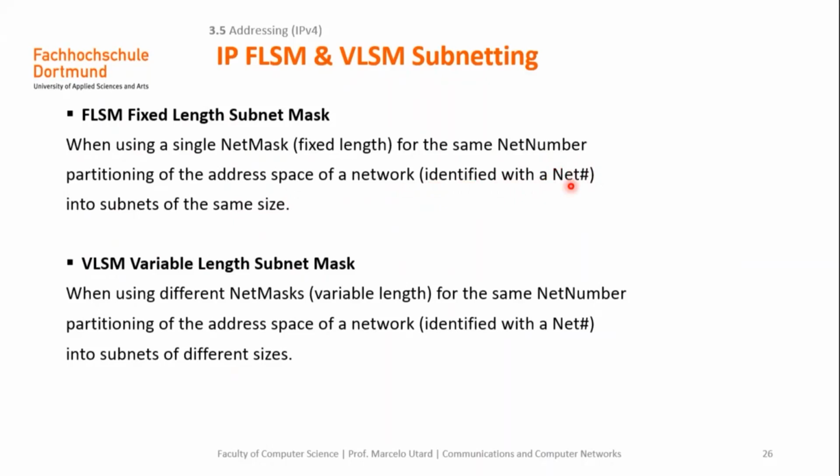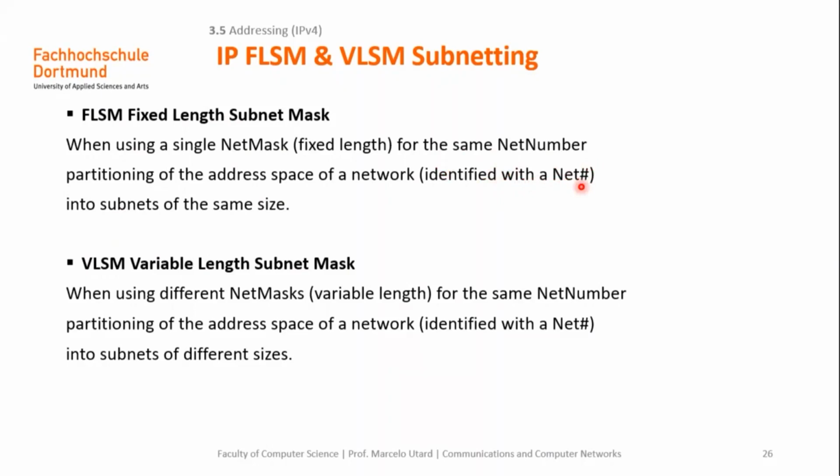For instance, class A, the network number is the most significant octet. If the address is class B, the net number is the two most significant octets, and if the address is class C, the net number is in fact the three most significant octets of the address.